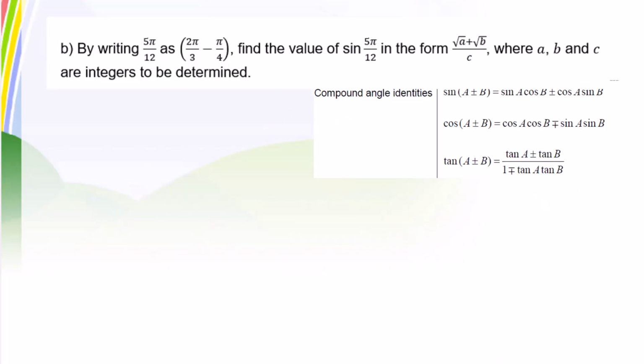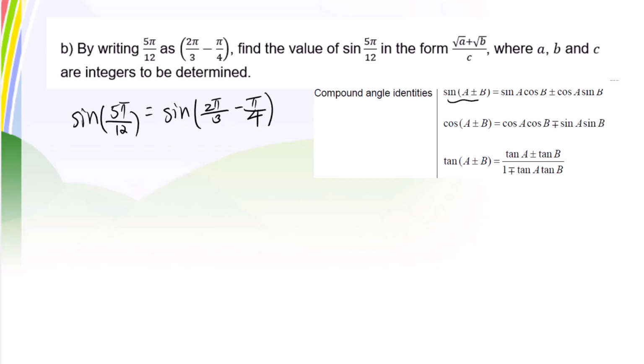Part B. By writing 5 pi over 12 as 2 pi over 3 minus pi over 4, find the value of sine 5 pi over 12 in the form square root of a plus square root of b over c, where a, b, and c are integers to be determined. Sine 5 pi over 12 equals sine of 2 pi over 3 minus pi over 4.